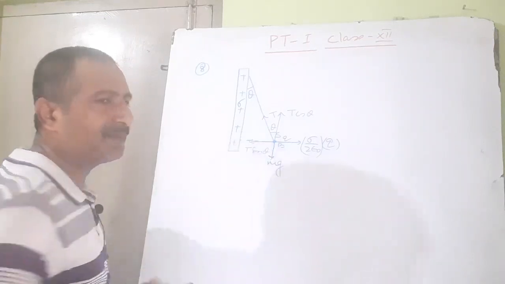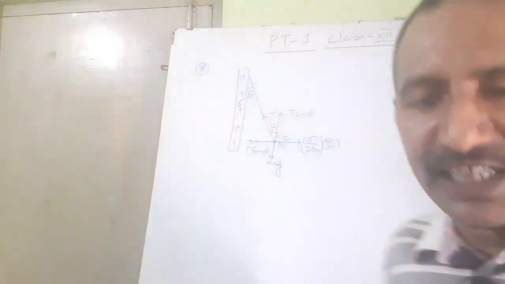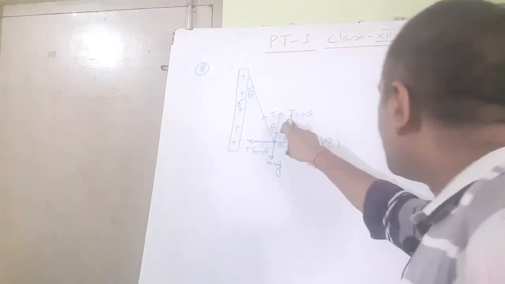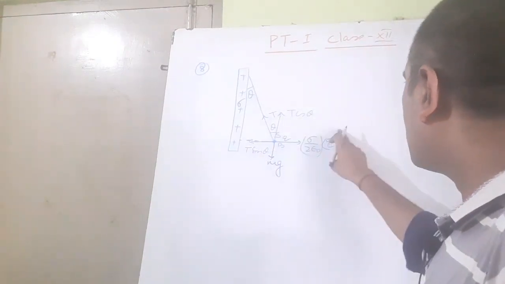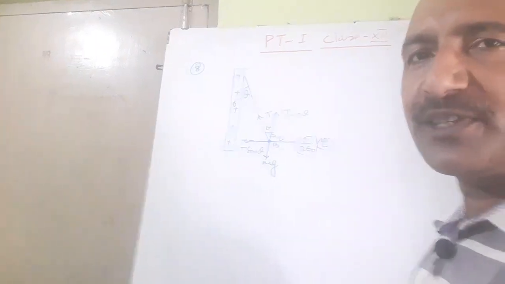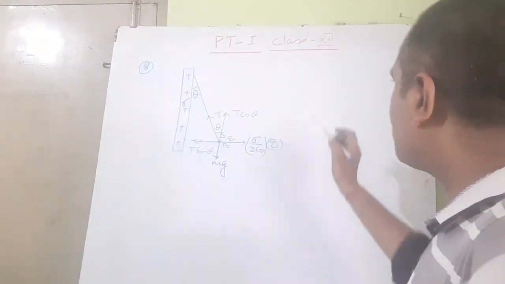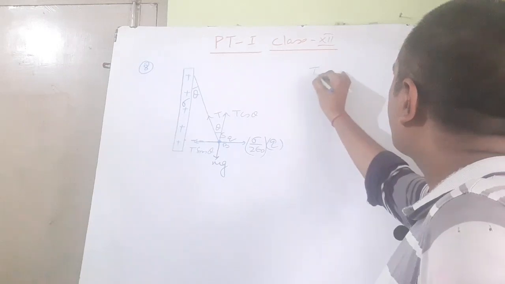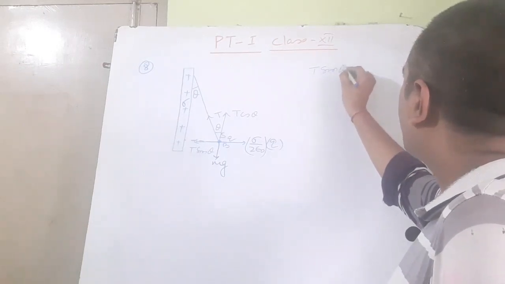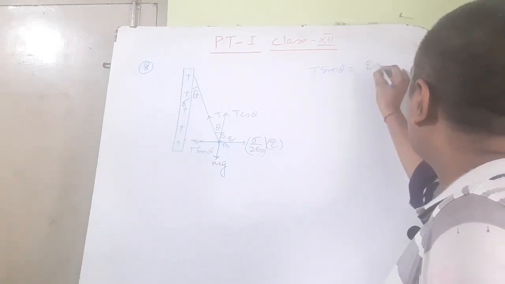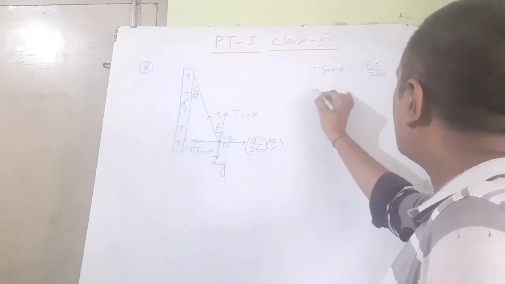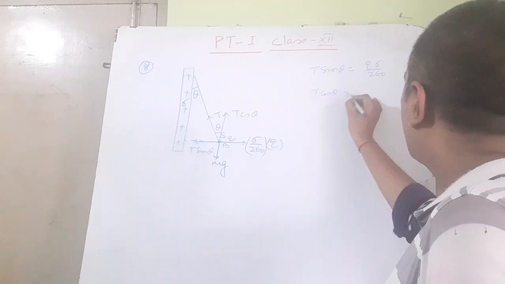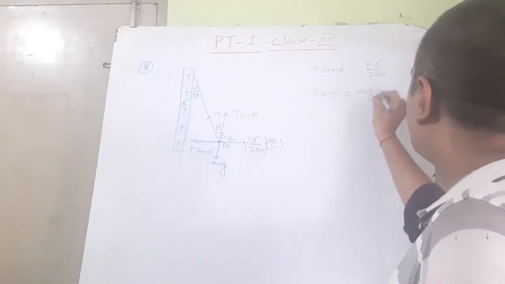T sin theta. You see the ball will be in equilibrium if T cos theta is equal to mg and T sin theta is equal to q sigma by 2 epsilon naught. Only then the ball will be in equilibrium. So T sin theta is equal to q sigma by 2 epsilon naught and T cos theta is equal to mg.